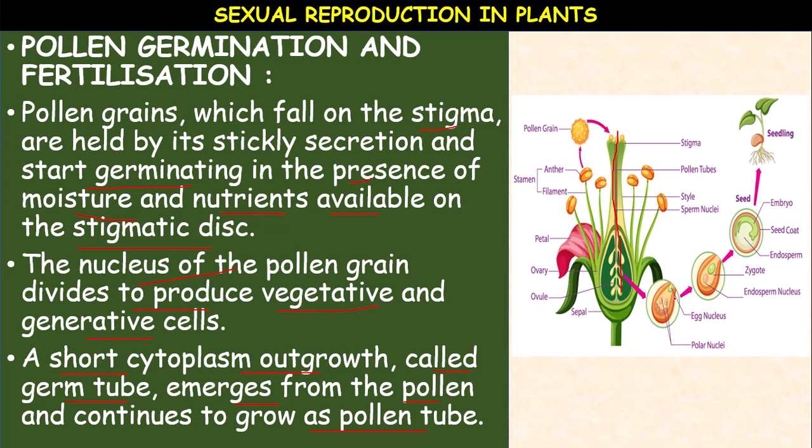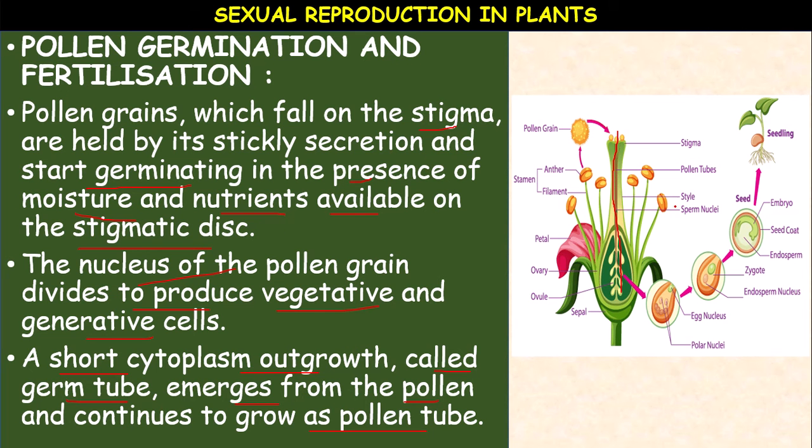Once the tip of the pollen tube reaches the micropyle end of the embryo sac, the tube grows into the embryo sac through one of the synergids which flank the egg.